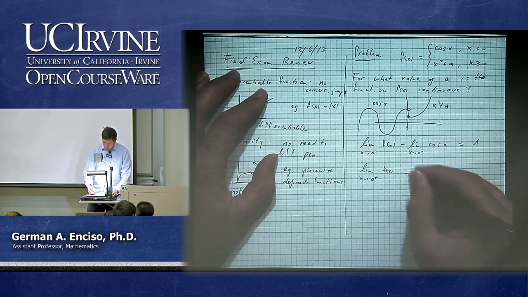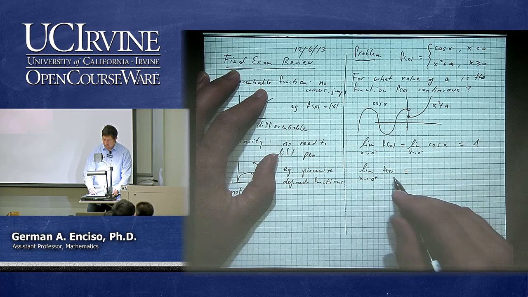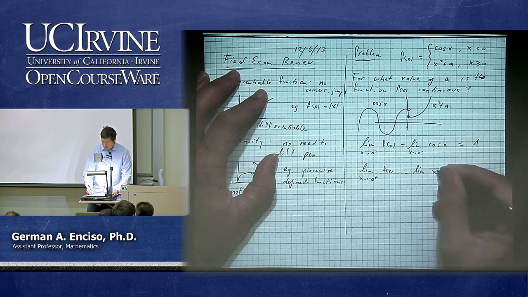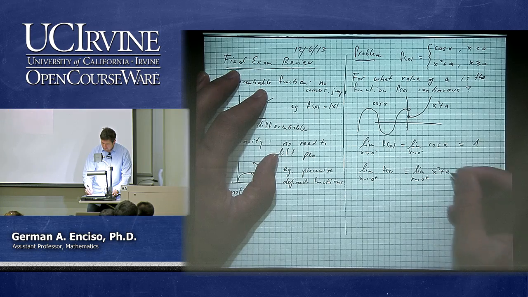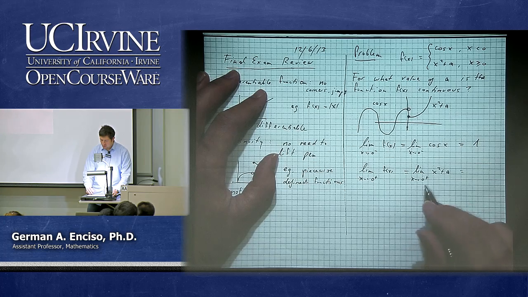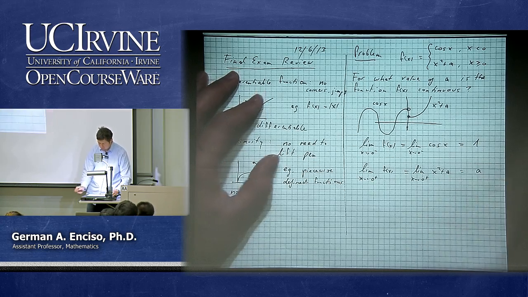Okay. When x is positive, so when x goes to 0 plus, the function f of x is equal to x squared plus a. And this limit is equal to, okay, this is a polynomial, so when x becomes really, really tiny, this goes to 0, this is a, so the whole thing goes to a.